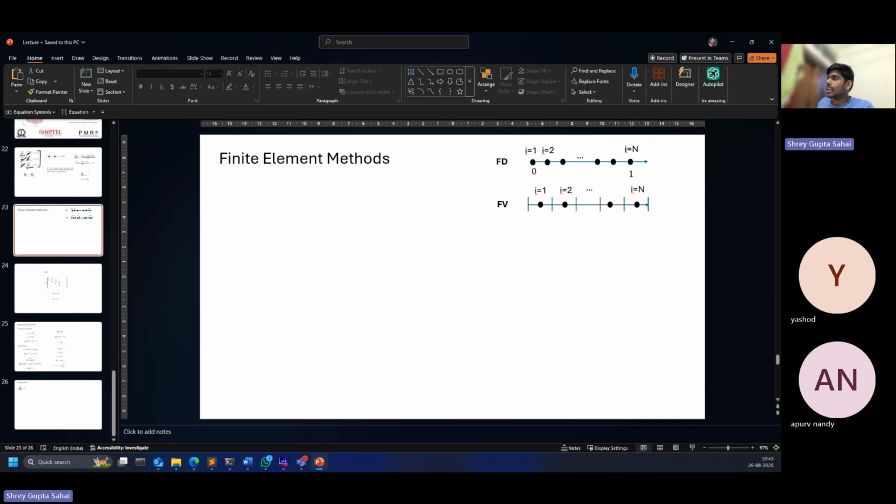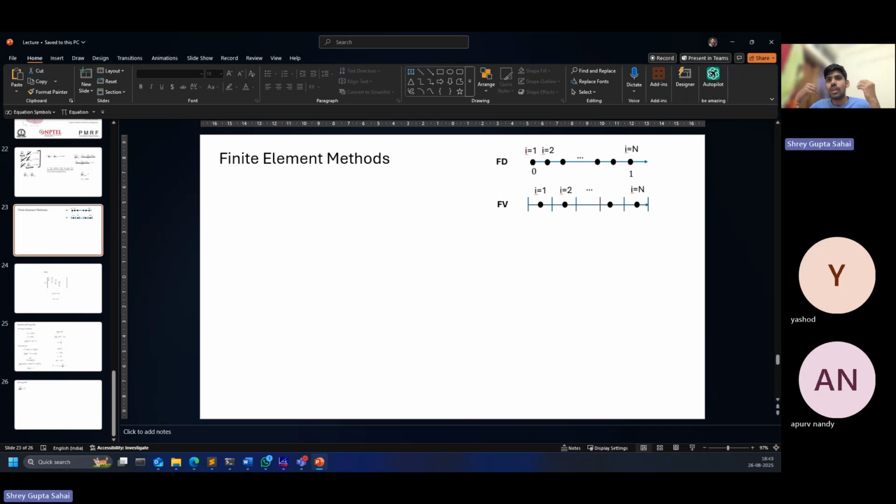In my experience, what I was able to understand was that finite element is unique in the sense that it uses functions, rather than trying to get discrete values of the function.